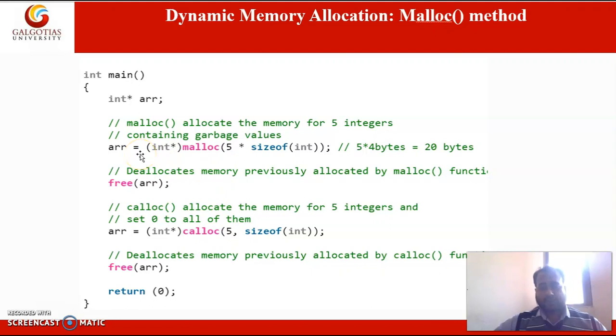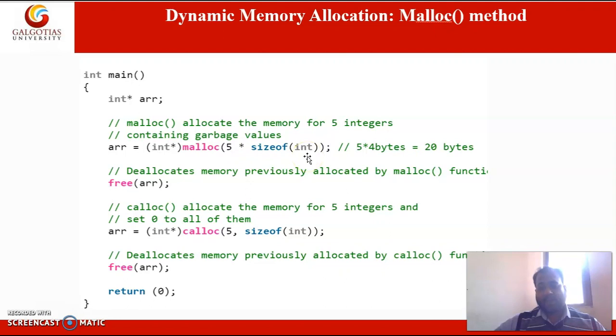As we have seen in the syntax of both methods, the first term is the typecasting, the next is the malloc function, and 5 is the number of variables of a particular type, multiplied by the size of the data type.